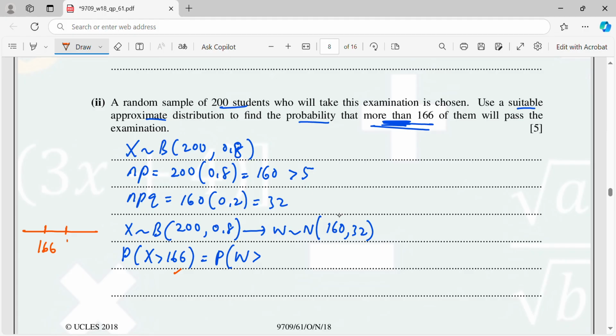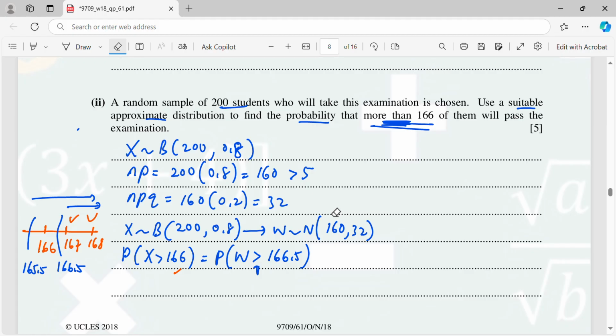So I know that the values will be 167, 168. Now we are allowed to plus minus 0.5 from 166. When I minus 0.5 from 166, that is 165.5. If I plus, it will be 166.5. And since here is more than, I have to choose greater than 166.5 to include the two ticks. So greater than 166.5.